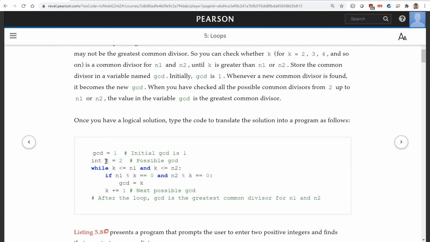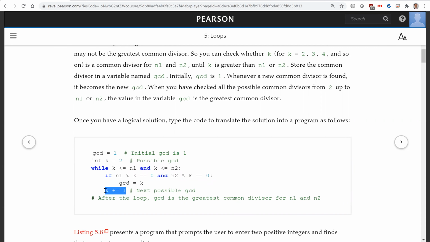And we're going to start with the possible divisor k being 2. And so this is k is less than or equal to n1, and k is less than or equal to n2. So we're going to write this. Check if k is a divisor for both n1 and n2. If so, now the new GCD is k.